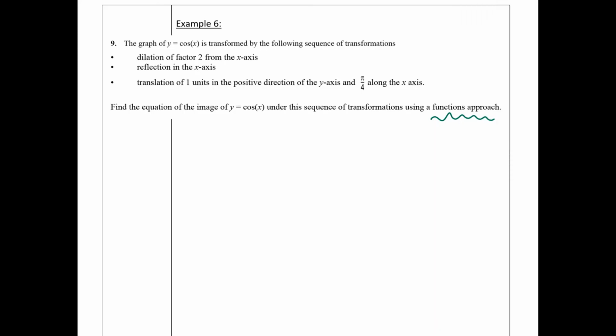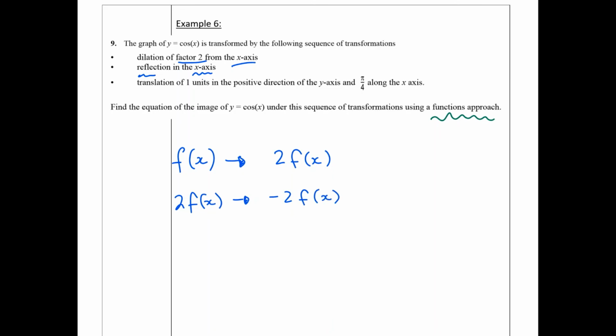If we were dilated by a factor of 2 from the x, so factor 2 from the x, then f of x should become 2 f of x. If we were reflected in the x-axis, then 2f of x should become negative 2 f of x.